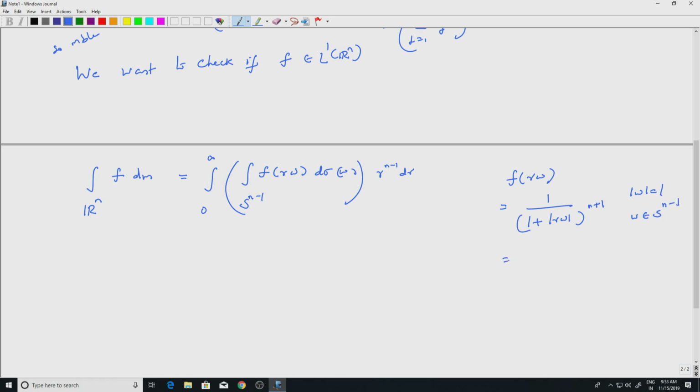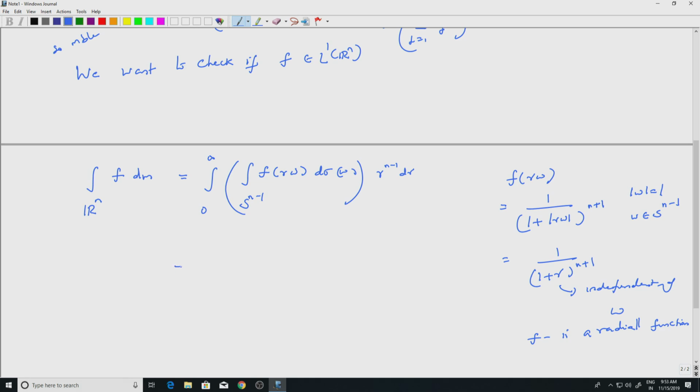So this is simply 1 over (1 plus r) to the n plus 1, since r is positive. This is independent of omega. Such functions are called radial functions. Radial means it depends only on the distance from the origin. So such functions do not depend on omega, they depend only on mod x, that is r.